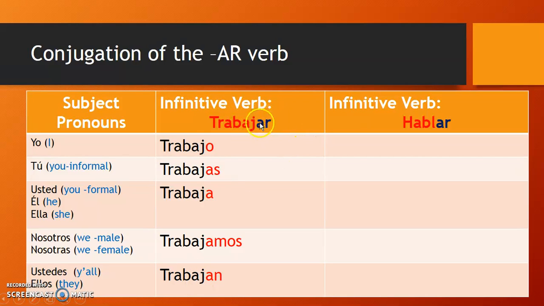So trabajar has an AR ending, and you notice that these verbs are already conjugated and they do not have the AR ending. For example, yo trabajo, tú trabajas, usted, él, ella trabaja, nosotros, nosotras trabajamos, ustedes, ellos trabajan. Okay, so these endings have changed.